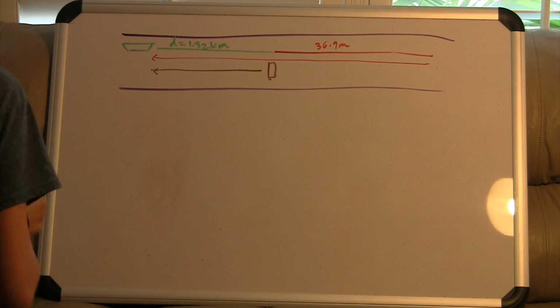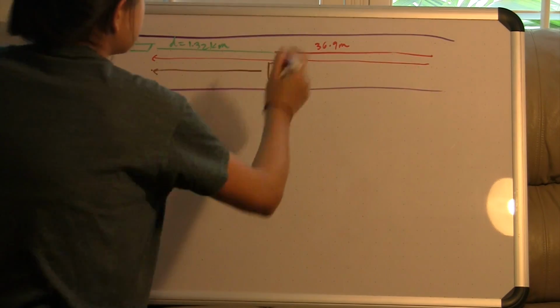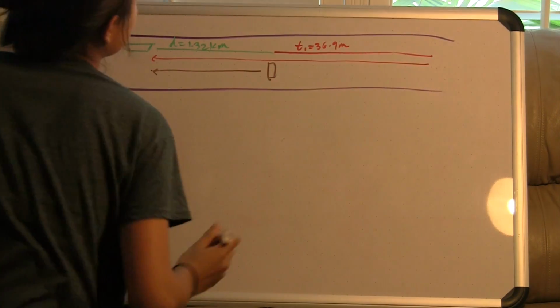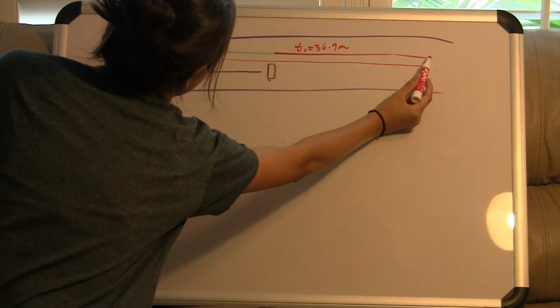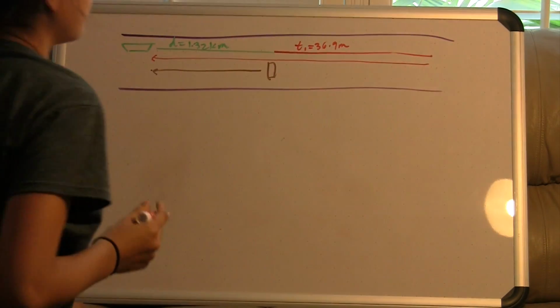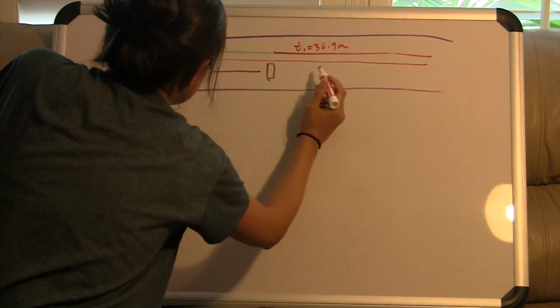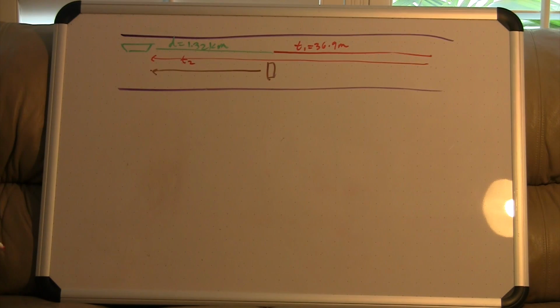And then this part where it travels upstream from the log, let's label that as time 1. That's where it goes from this log all the way upstream for 36.9 minutes. And when it comes all the way back down, this is time 2, which is unknown.